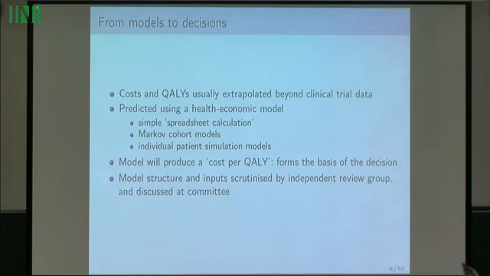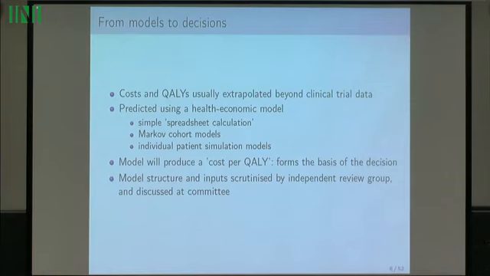And this model is going to produce this key output, this cost per quality, and that number that comes out of the model plays a very strong role in determining the final decision. So usually the way it works is that the manufacturer who's made this technology that's being evaluated will produce a model, populate it with input values and so on, and come up with an estimate.